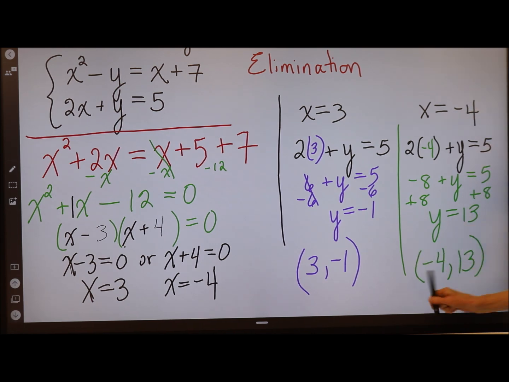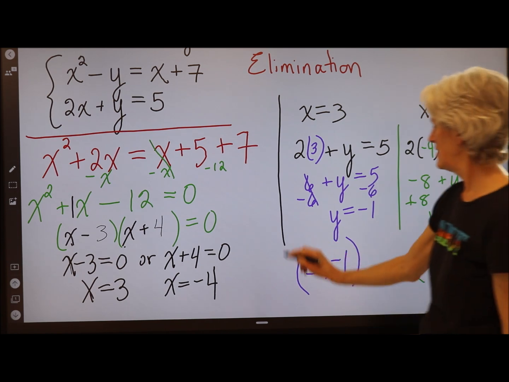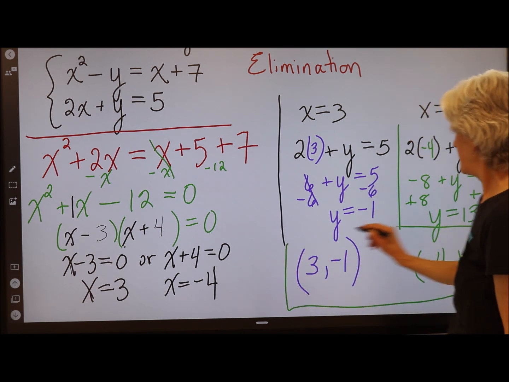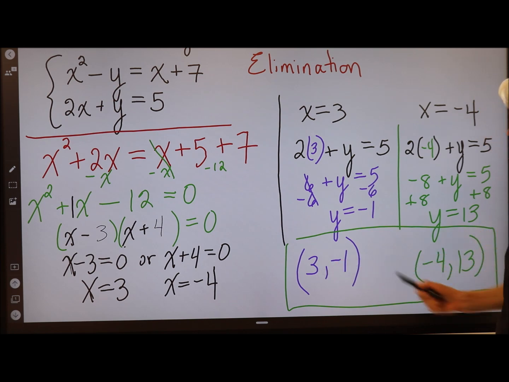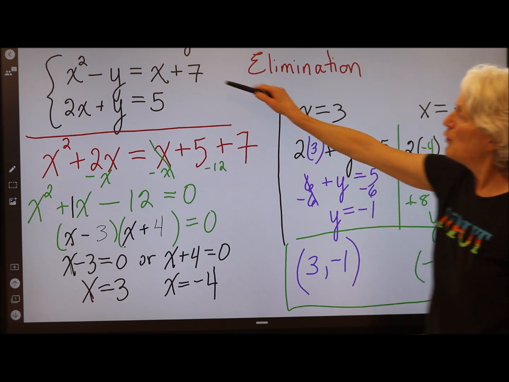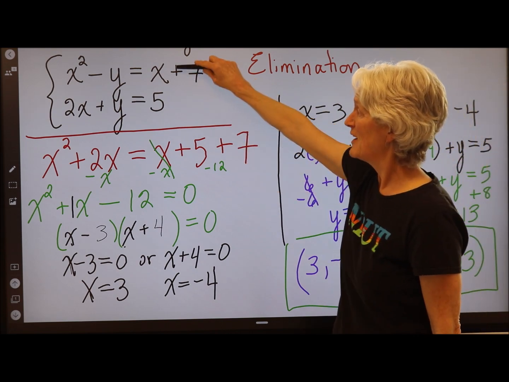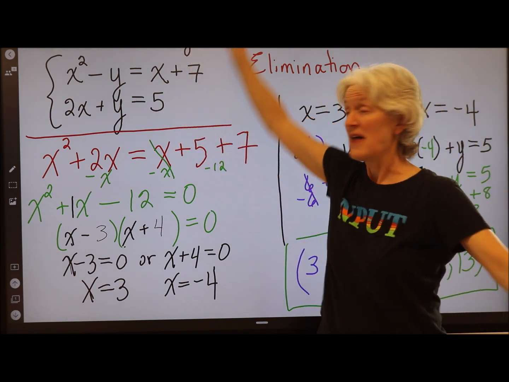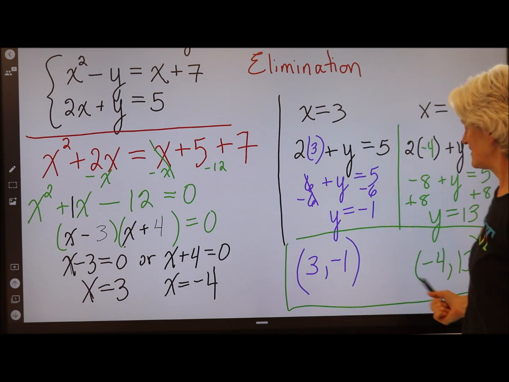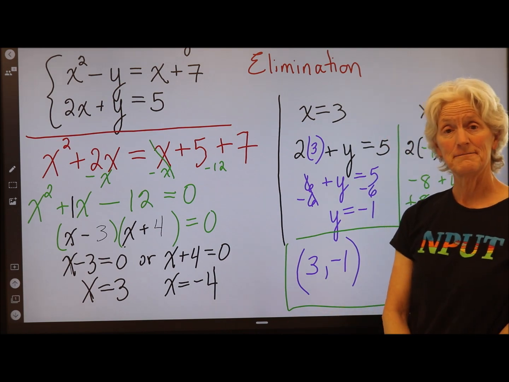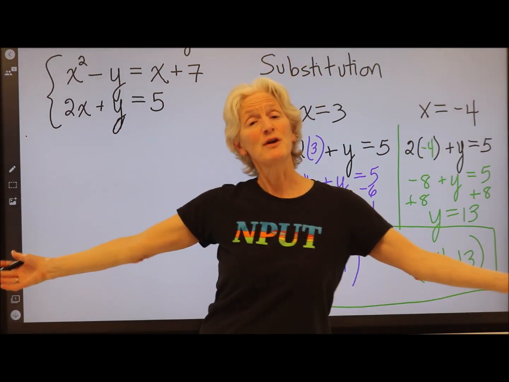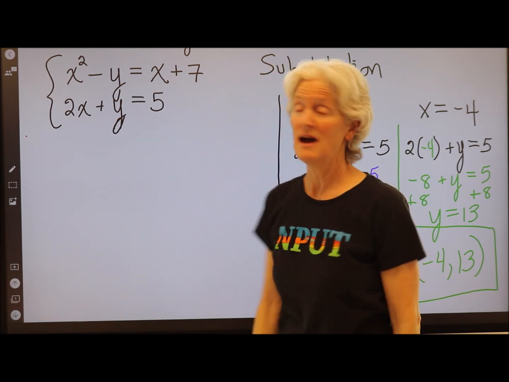And here are my two solutions: 3, negative 1, and negative 4, 13. If I graphed that parabola and that line, they would intersect at those 2 points.